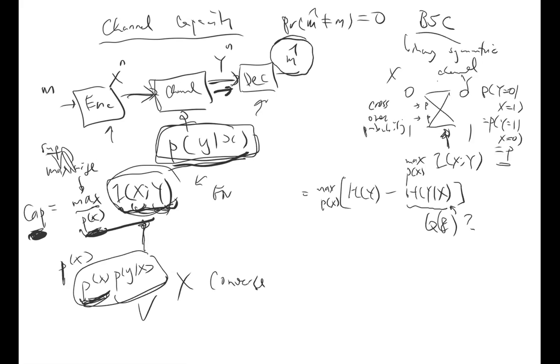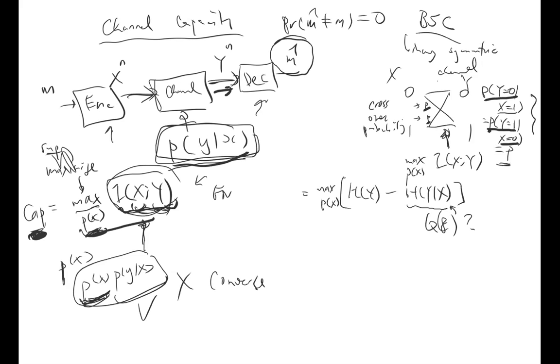But the question is clear, I guess. The maximum would be 1 bit, but if I have this crossover probability exactly p, then P(Y=0|X=1) and P(Y=1|X=0) are equal to p.